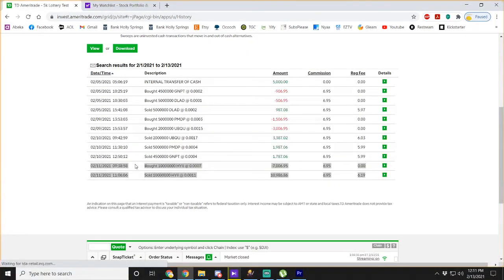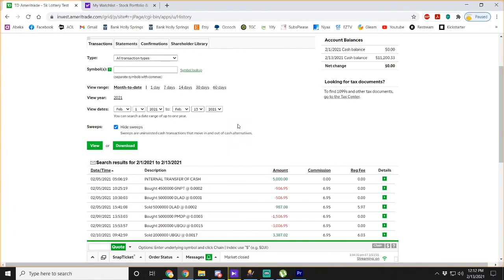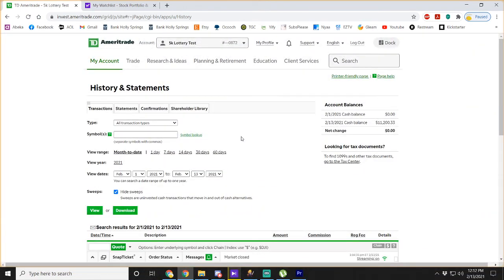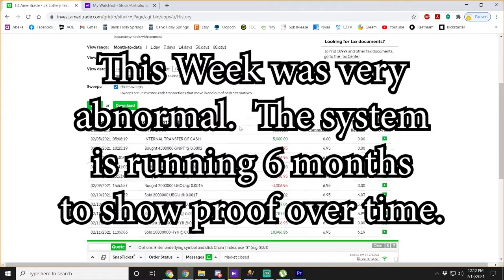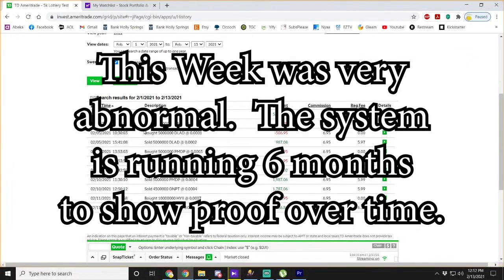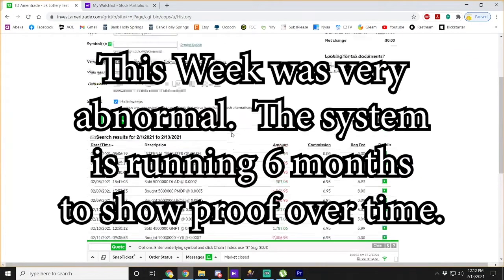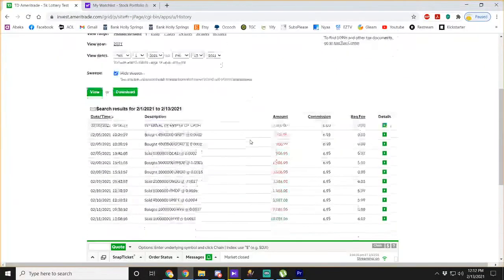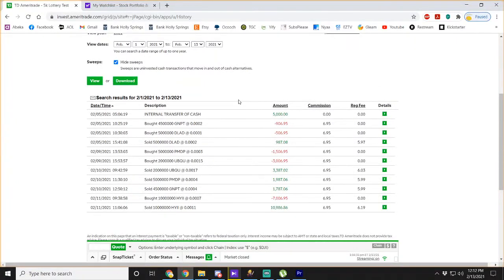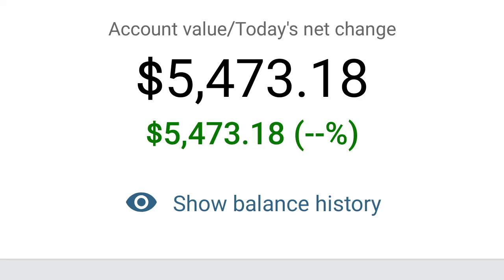So even though we were sitting here Thursday after close, we were unable to make any trades on Friday because this account does not have margin capabilities. My main account does, and I want to keep them separate. But these are the transactions that occurred during this week, and I'll go ahead and show you the screenshots now of each day, how we moved forward.